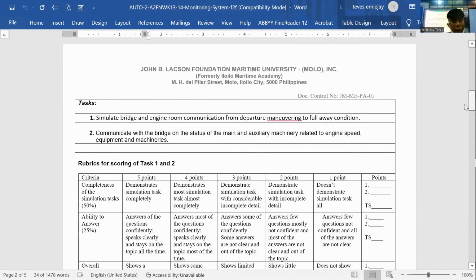So for your task 1, simulate the bridge and engine room communication from departure maneuvering to full away condition. Task 2, communicate with the bridge on the status of the main and auxiliary machinery related to engine speed, equipment, and machineries.